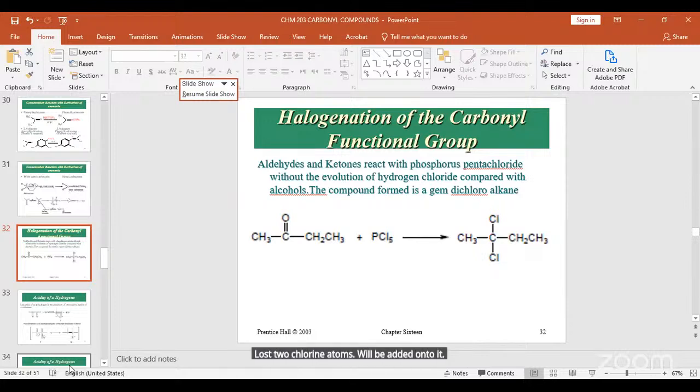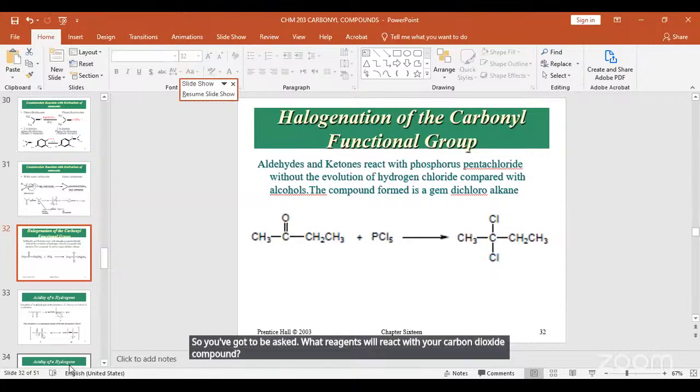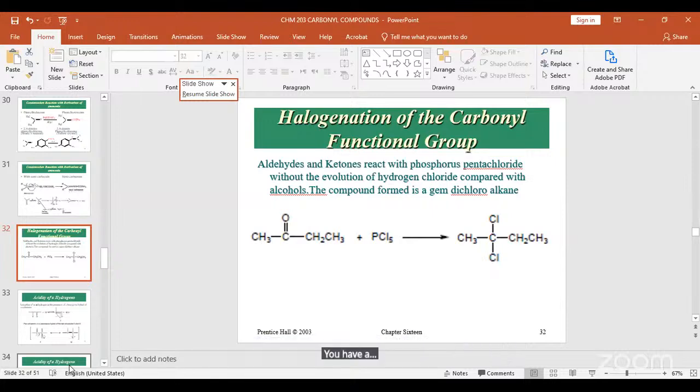So you can convert your carbonyl compound, in this case butanone, to 2,2-dichloropentane. So you can be asked, what reagent will react with your carbonyl compound to give a dichloroalkane or dihaloalkane?